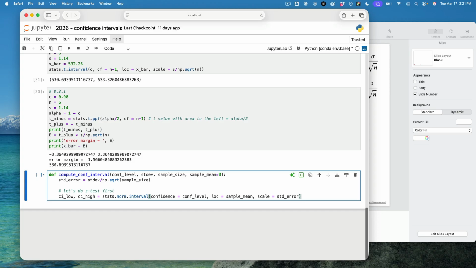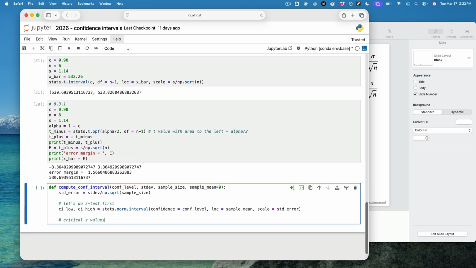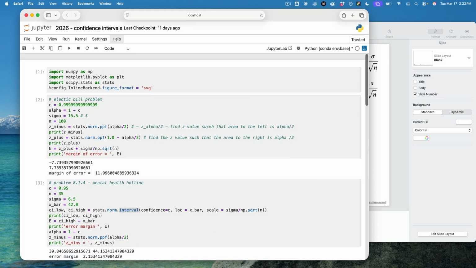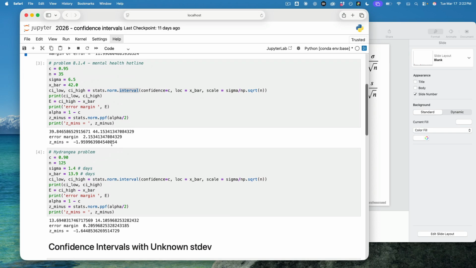So I got that. But then I also want to report the critical values, the z alpha over 2. Now, we cannot trick stats.norm.interval to give us the z alpha over 2, and so we might as well just compute them the way we usually did. So critical z values. If you go back way up, I'm going to go real fast. You remember here we did alpha and then z minus, and that was the ppf of alpha over 2, etc. Right? So let's do that over here.